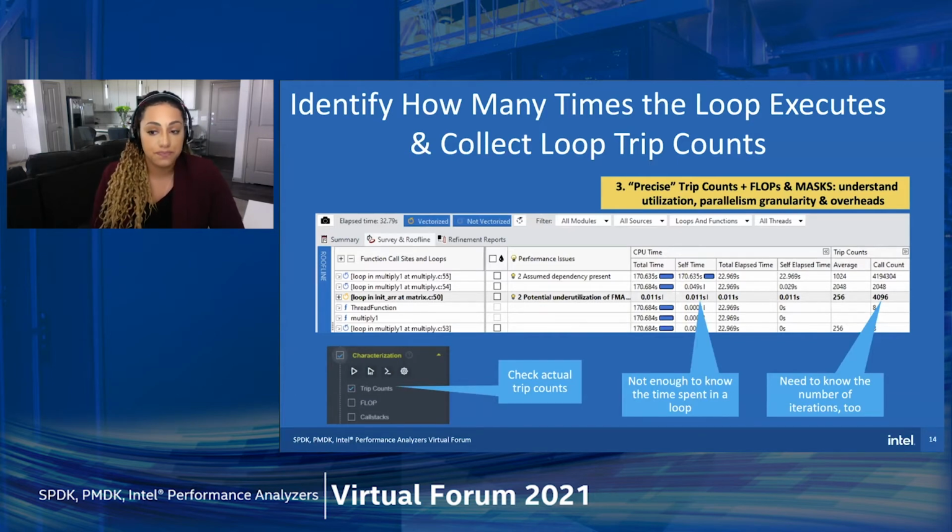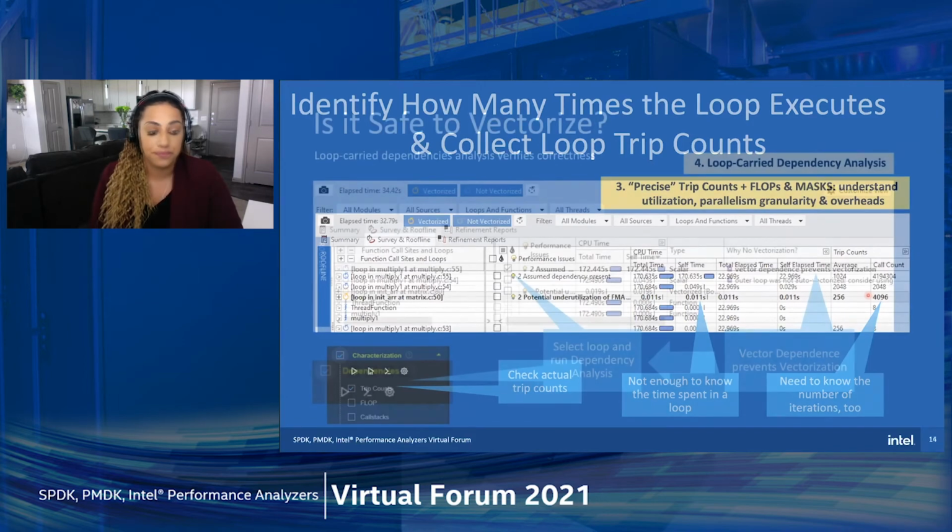So for example, we can see this highlighted loop here, the bold loop on this slide, may have a call count of about 4,000. So we can see the call count about 4,000. So we may consider optimizing this loop, right? But what we can see here is that it's taking up so little of the total CPU time that we may be able to conclude that the initialization of this array may not be worth our time to optimize.